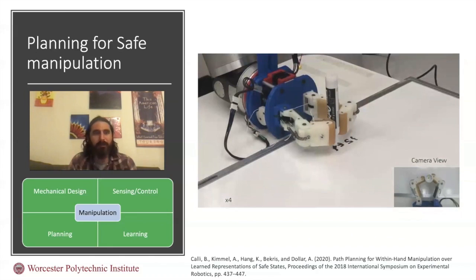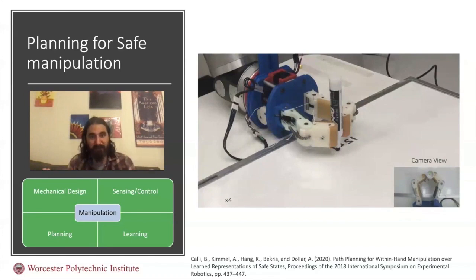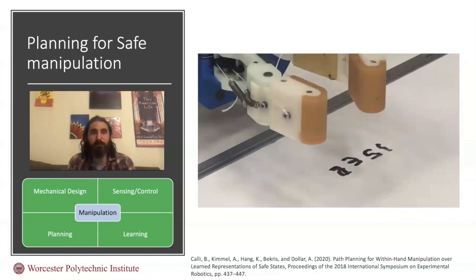And we can easily integrate it with our planning algorithm so that we can achieve intrinsically safe states. All these components working together make it possible to achieve successful within-hand manipulation. And here you see a within-hand writing example when all these aspects of manipulation work together.